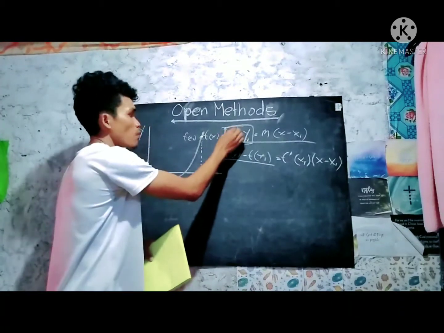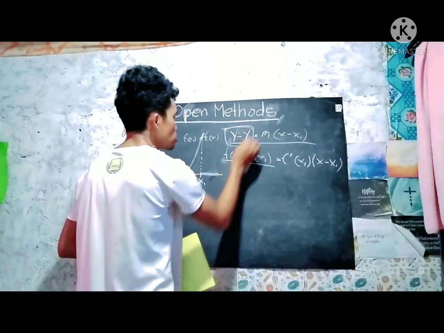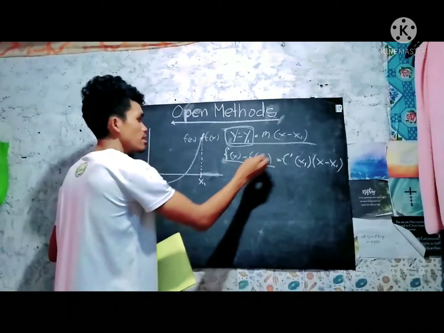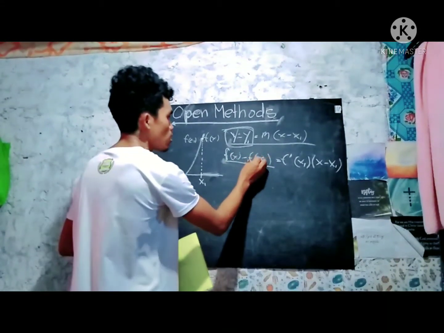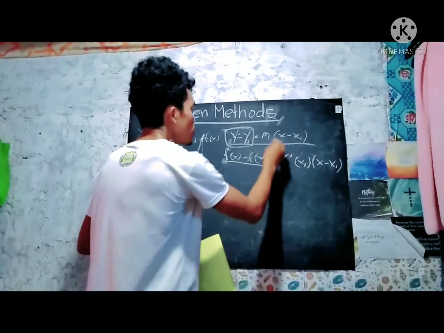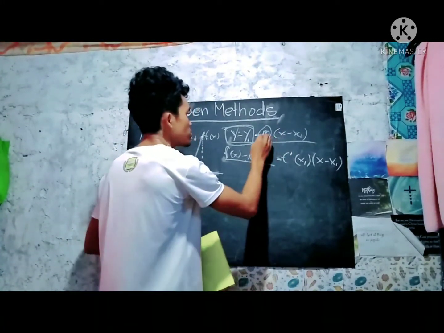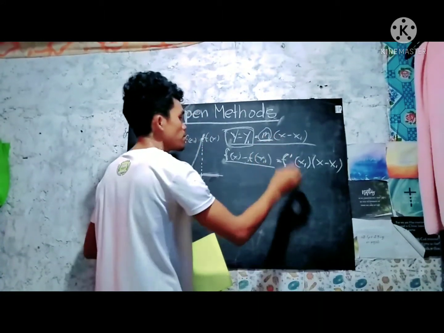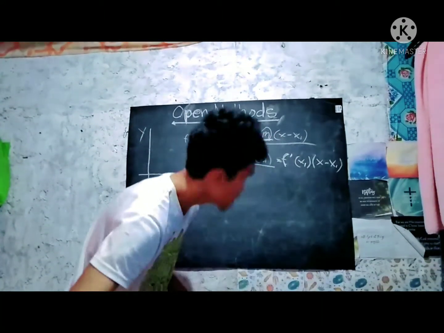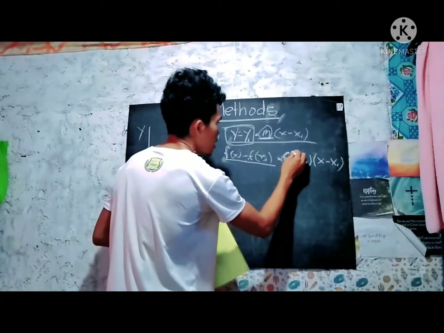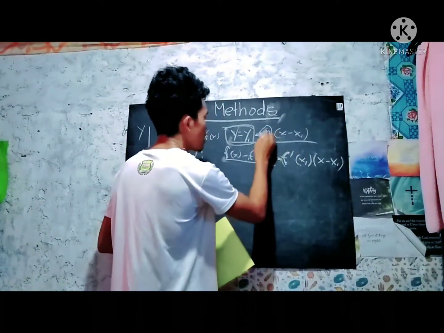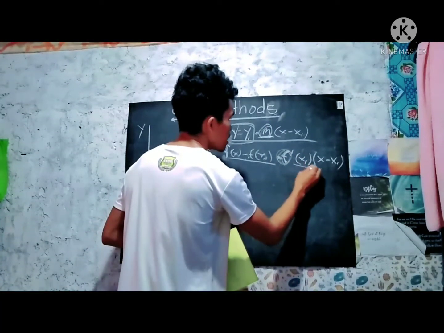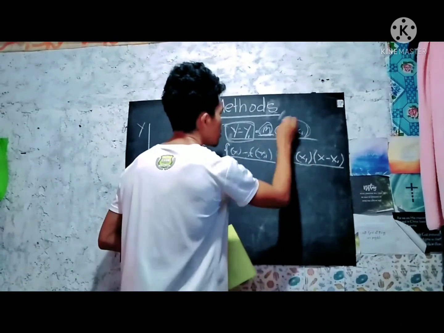This y minus y1 is equal to this equation. Instead of using this y, we make the equation: f of x minus f of x1 is equal to f prime of x1 times x minus x1, where the m over here is the derivative.